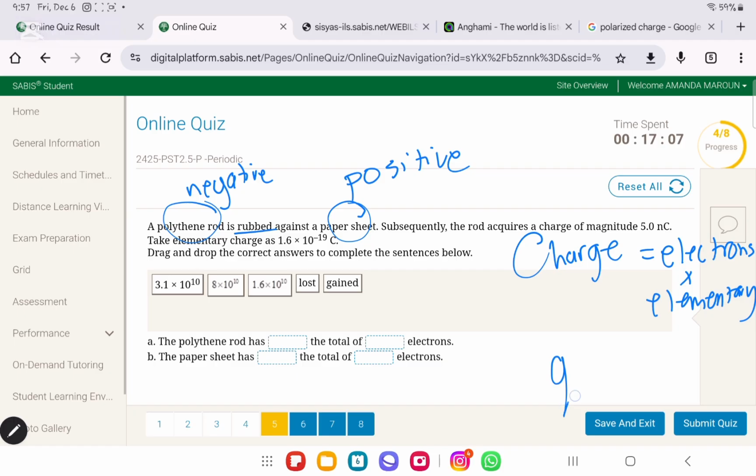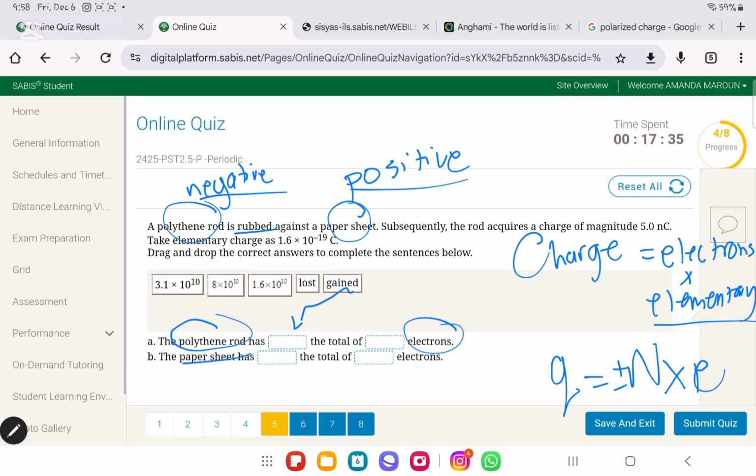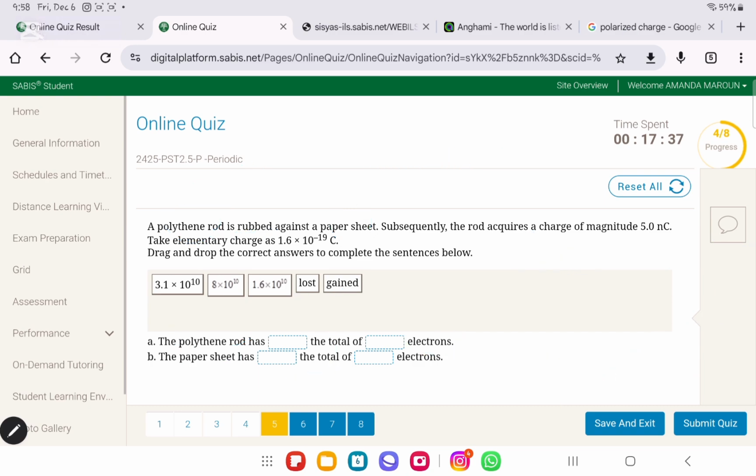Small q charge is equal to the number of electrons, positive or negative, whether it's gain or loss, multiplied by the elementary charge, which is denoted by E, I think. Now, if we are going to apply this, first thing we know is that polythene rod will become negatively charged, so that means it's going to gain electrons. And paper sheet, we said it's going to become positively charged, so it's going to lose electrons. So first thing we can put is gained and lost.